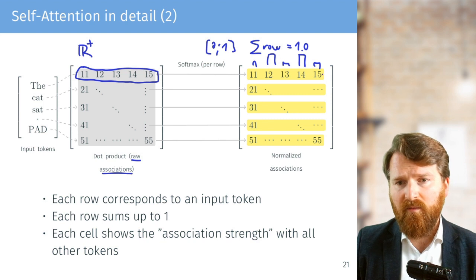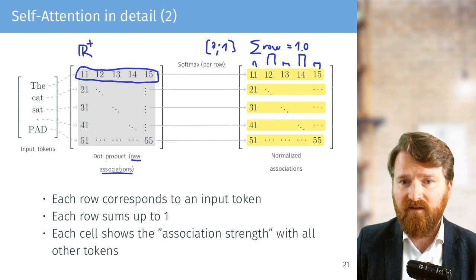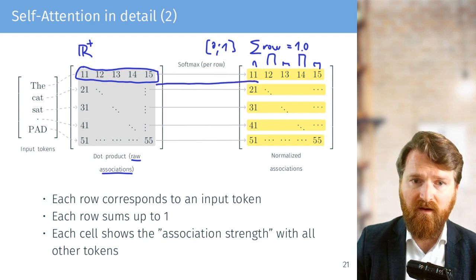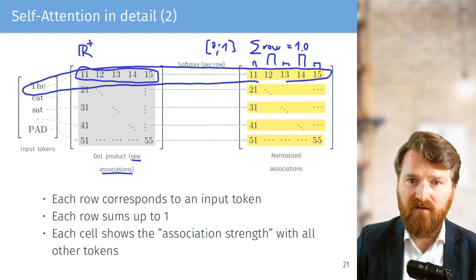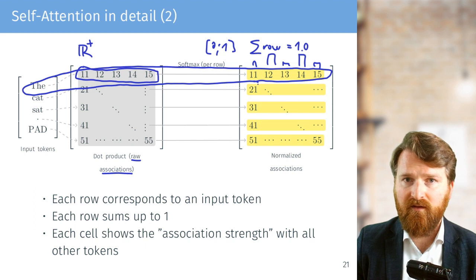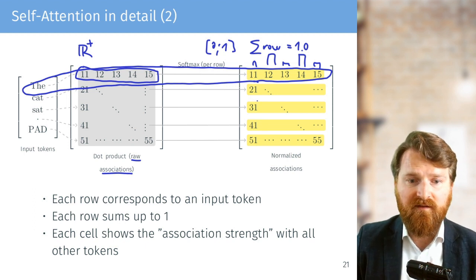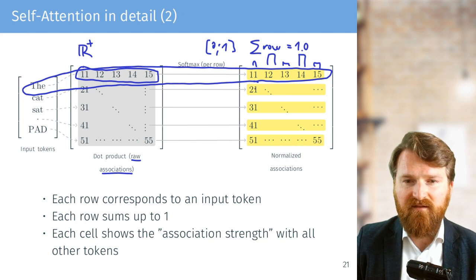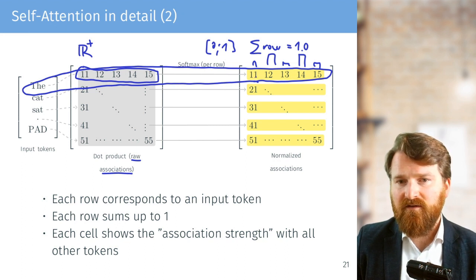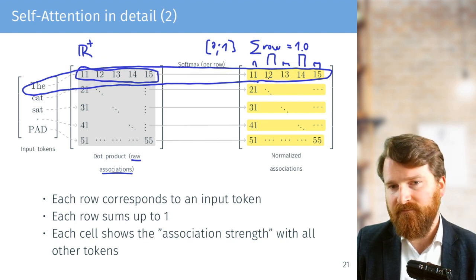Each row still corresponds to one input word, so there is no change in the number of vectors in this matrix, and each cell shows us the strength of the association with each other token.